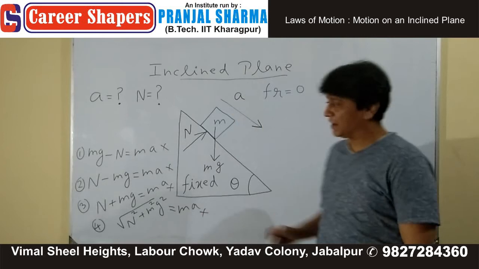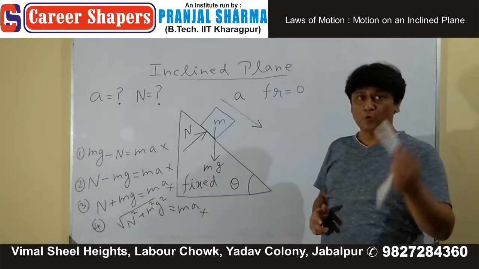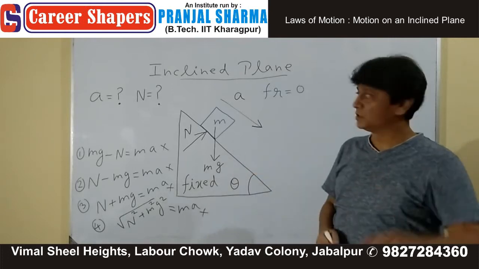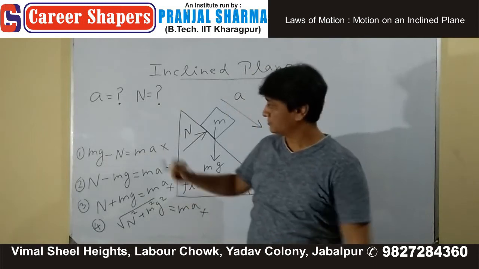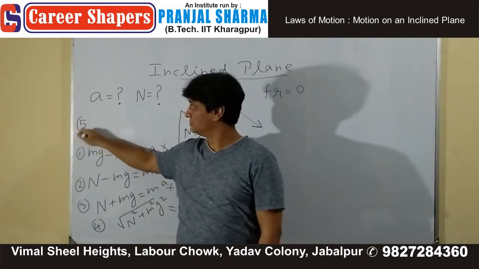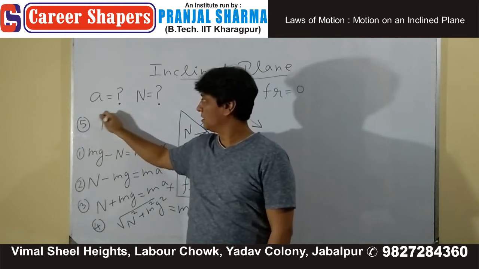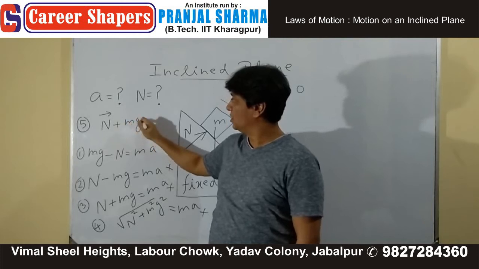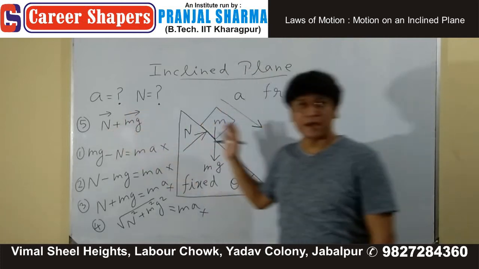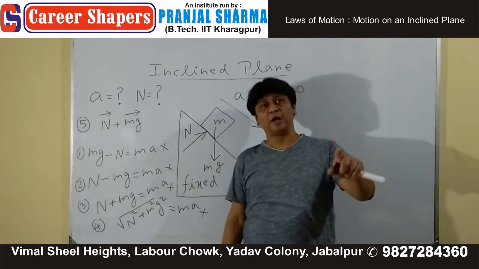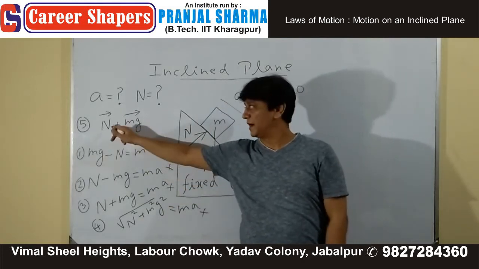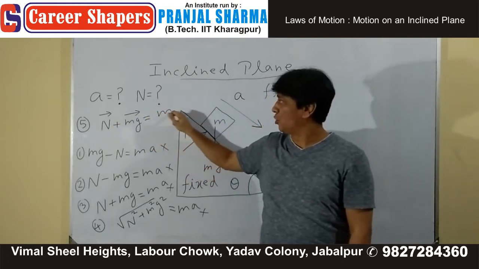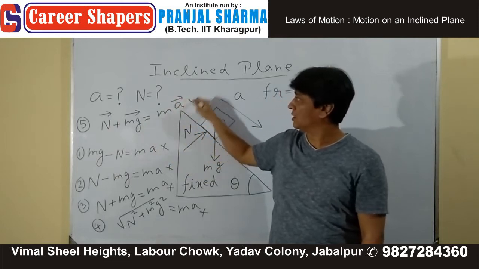But one of you answered that the third equation is correct, provided we take care of the direction part, which is the fifth option: N vector plus Mg vector. किसी ने आपसे बोला बॉडी पर दो फोर्स लग रहे हैं, N vector, दूसरा है Mg vector, is equal to what? Mass into acceleration.